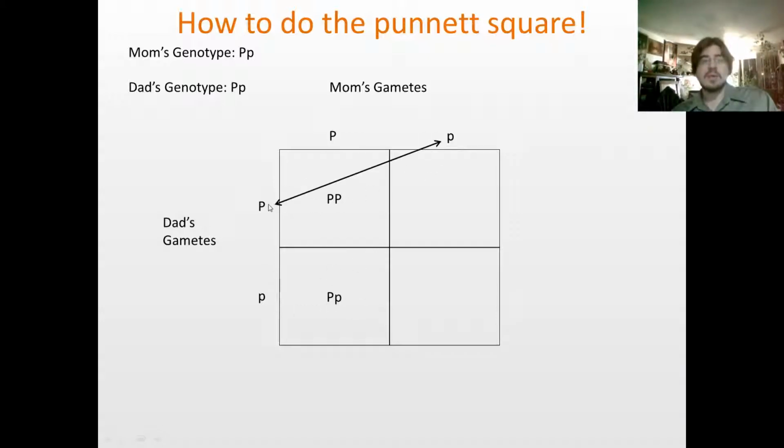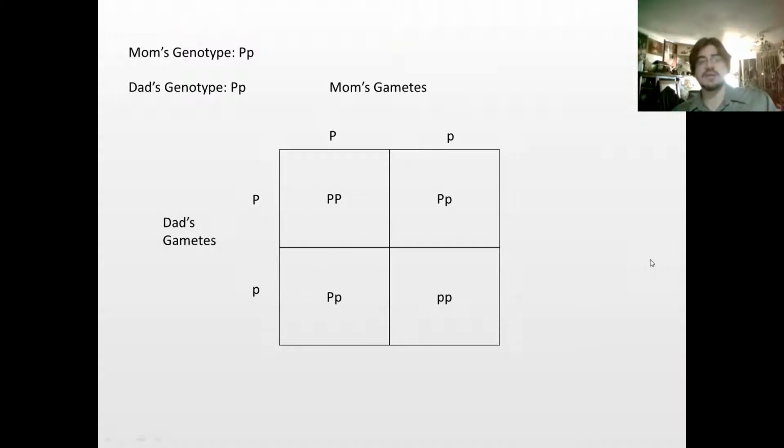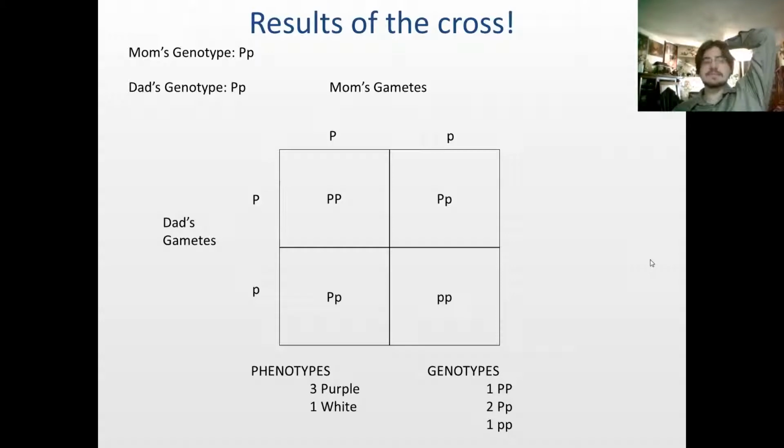Then we get dad's sperm with the dominant allele and mom's egg with a recessive allele, another heterozygote. And then finally we have dad's sperm with a recessive allele and mom's egg with a recessive allele, giving us a homozygous recessive. These are the 4 possible combinations of gametes we can get.